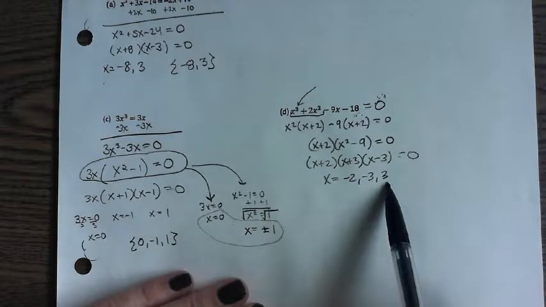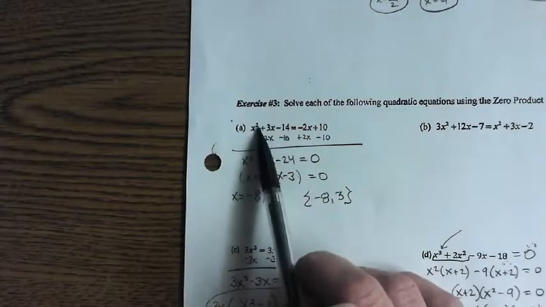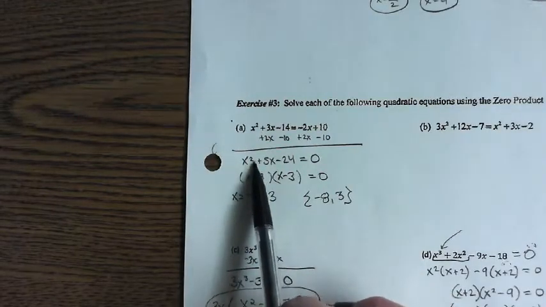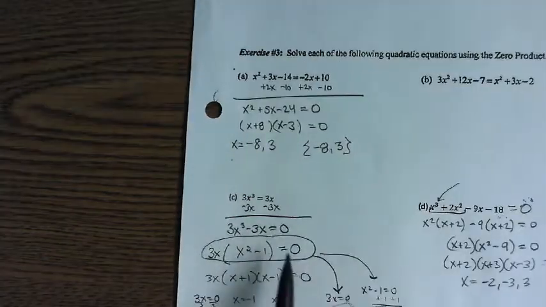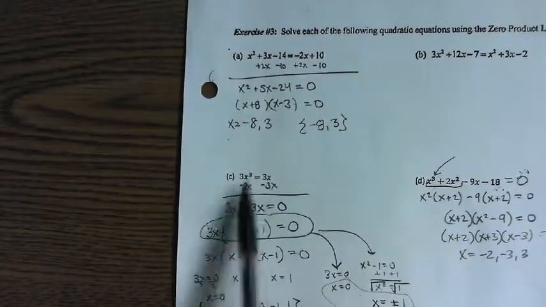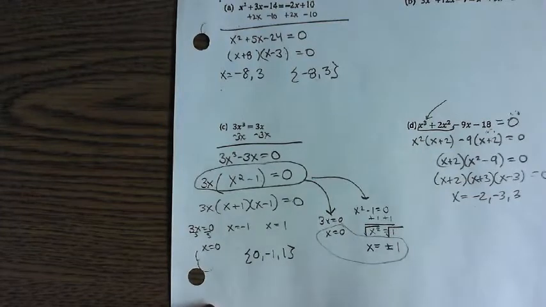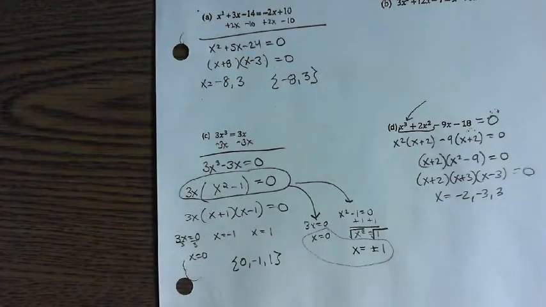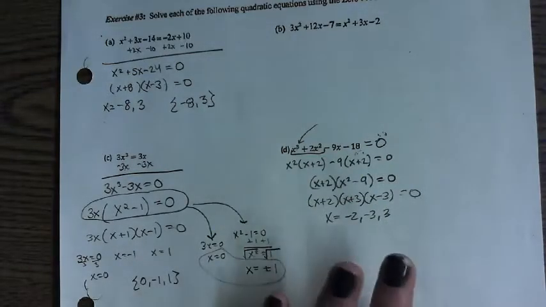That usually means 3 solutions. The degree of this was 2. That usually means 2 solutions. The degree of this was 3. That means 3 solutions. Not always, but most of the time. And we'll talk about the cases where it doesn't always appear that way. But any questions?